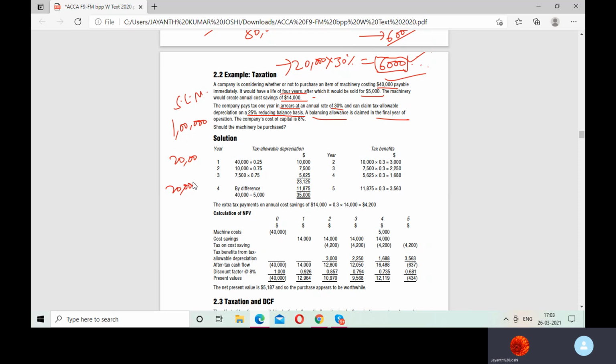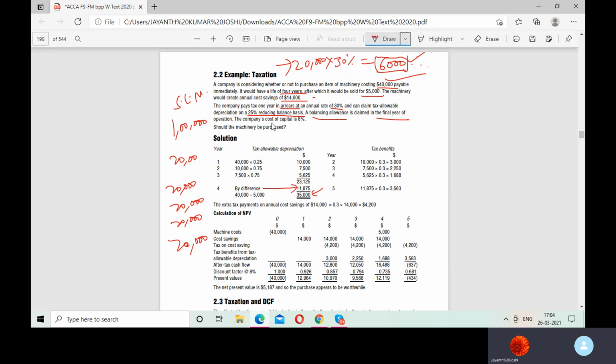When I add up this 20,000, it will match with 1 lakh or not? So if in the final year I am selling this at some price, whatever the difference I get is nothing but the balancing charge, correct? Understood?